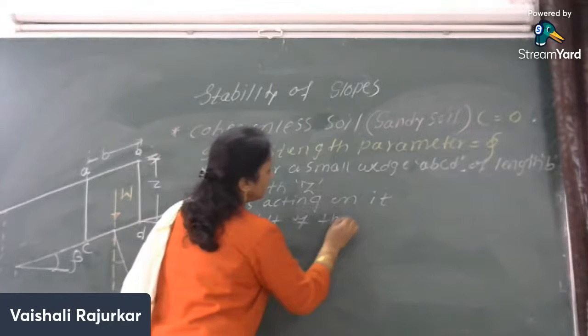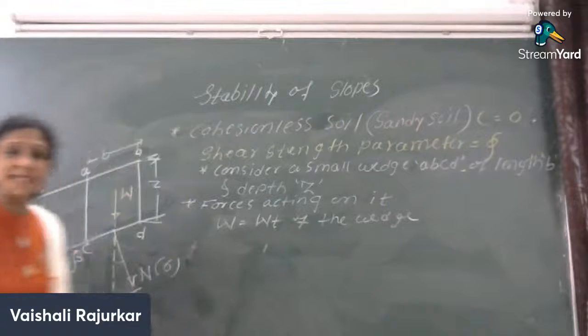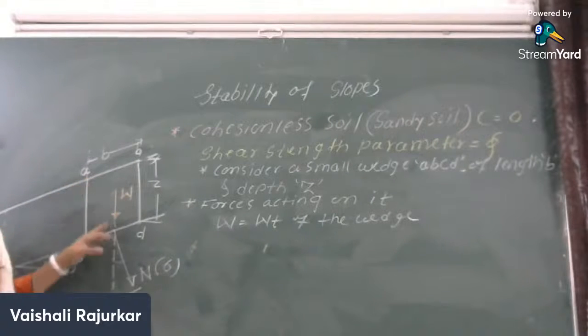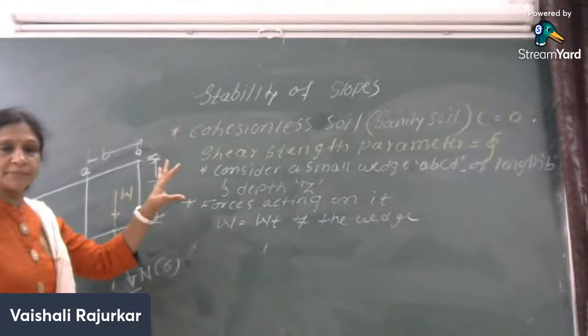How will we determine the weight of the wedge? The weight of the wedge is the area or the volume multiplied by the density of the soil.